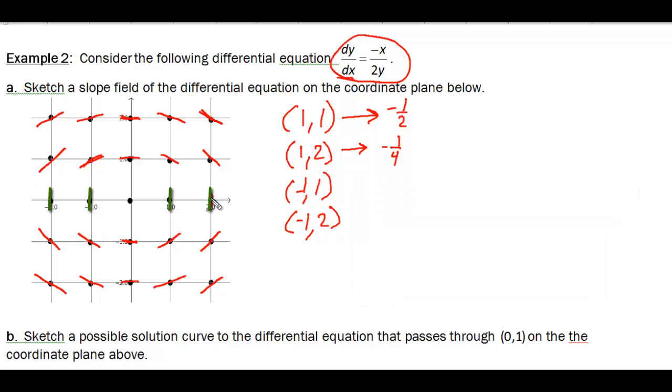But this gives us kind of a picture of what this graph is going to look like. And this is our family of graphs.